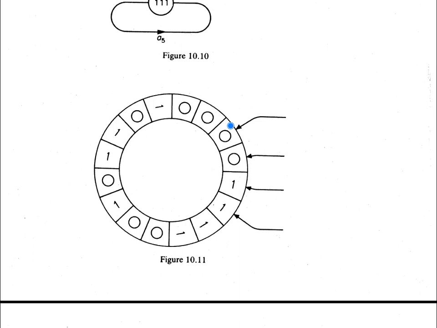I'll write down the edges I'm following, so I'll trace my Euler tour like this. 0, 0, 0. Now I go down. 0, 0, 1.